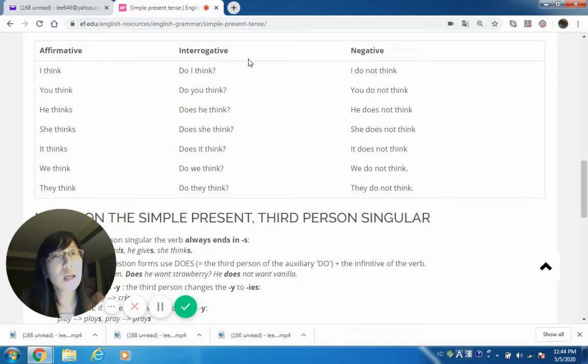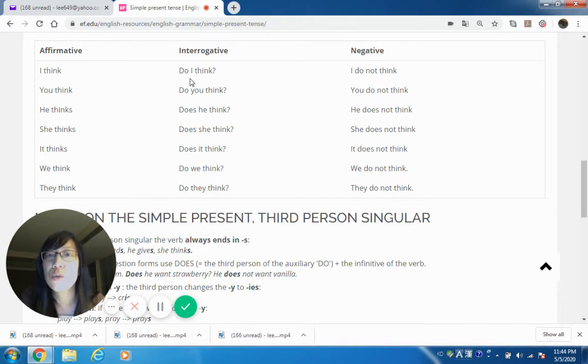Now, interrogative is a fancy word for question. So you want to make this sentence into a question. All you have to do is add a helping verb, and we're going to use the helping verb do here. When you use the helping verb do, it does not add any extra meaning, but it just flips the sentence into a question.